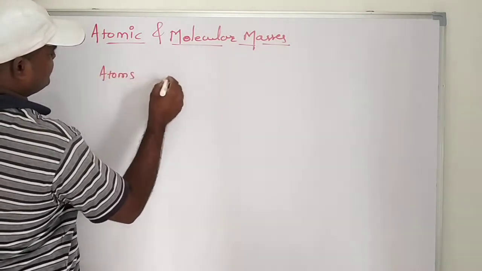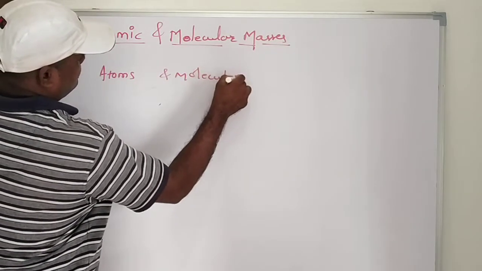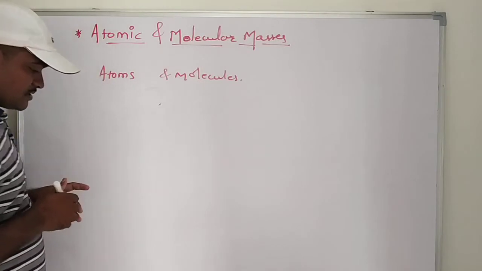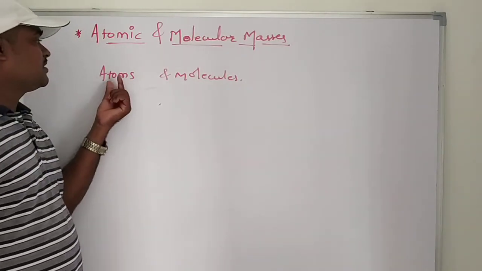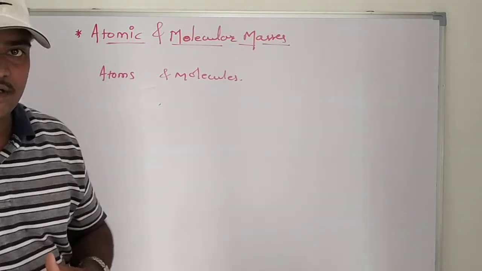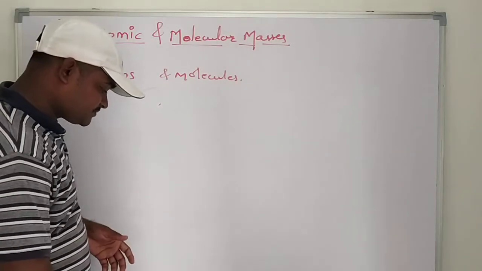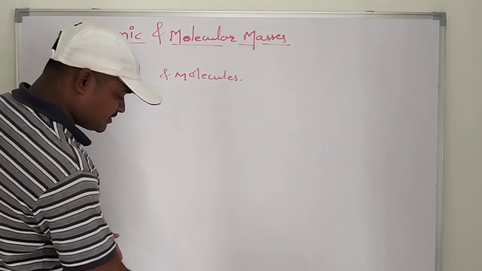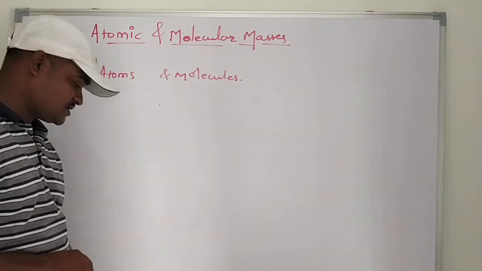What is meant by atoms and molecules? Atomic mass, whenever you are going to calculate it for a particular atom, the atom is the smallest particle.